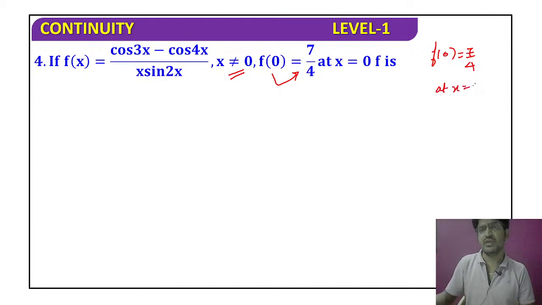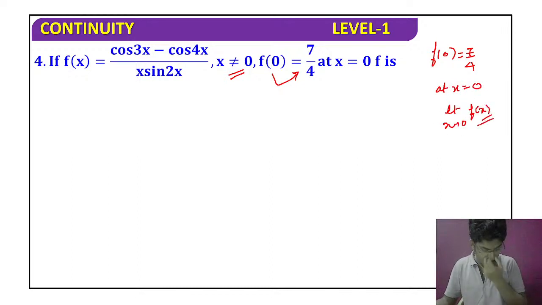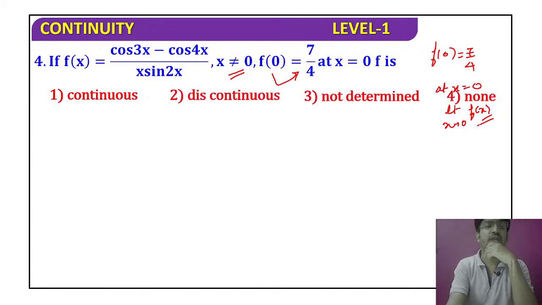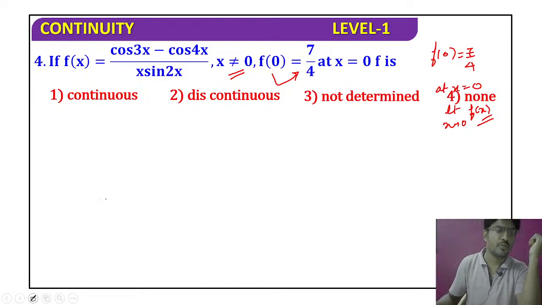Now at x equal to 0, what happens to the limit as x tends to 0 of f of x? We have to check. So what are the options here? One is continuous, second is discontinuous, third is not determined, and fourth is none of these.